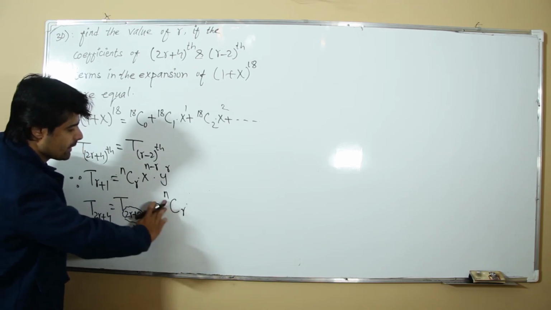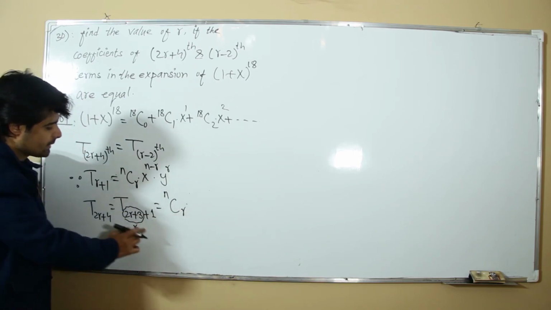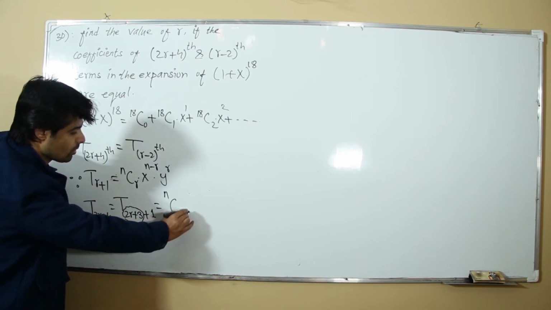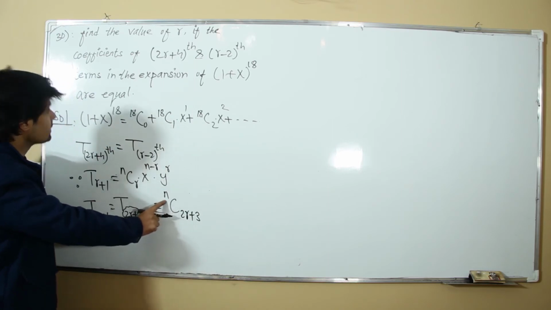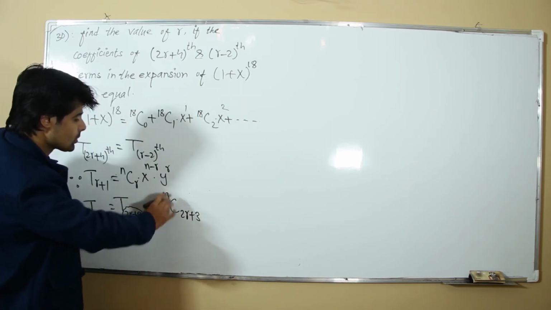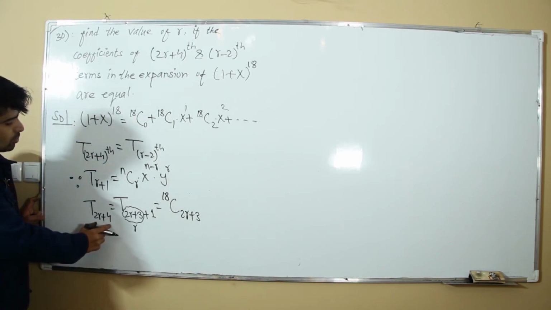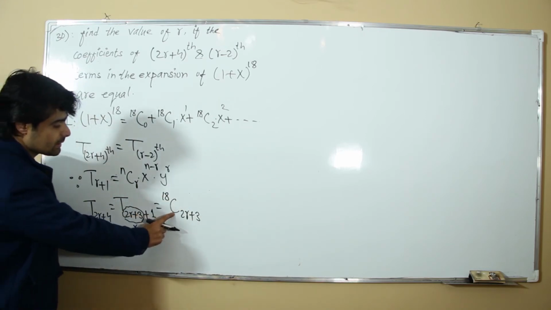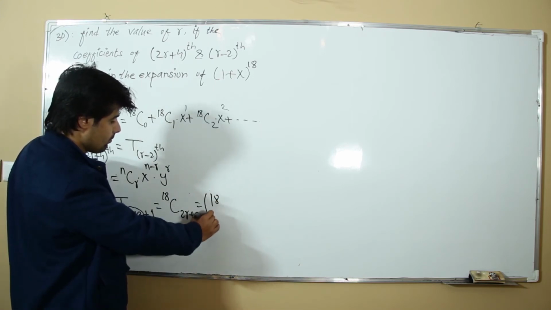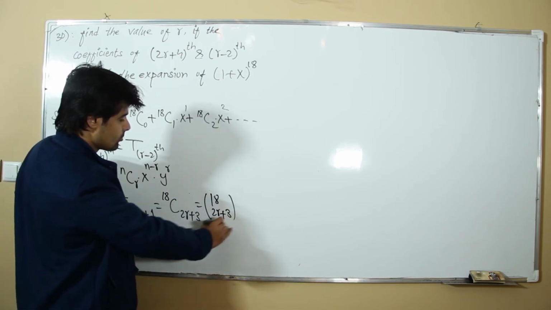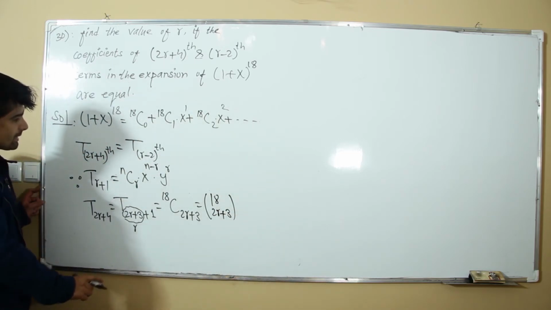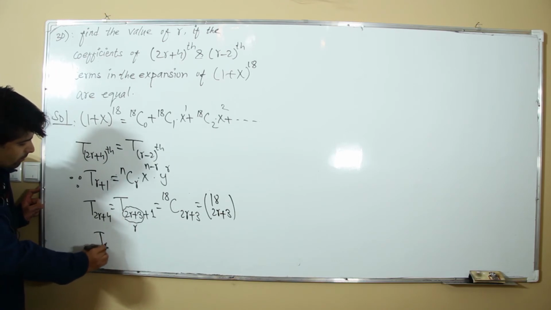The coefficient is nCr, but r is 2r plus 3, so it is 2r plus 3. N is 18. So the coefficient for 2r plus 4 is 18c 2r plus 3. Have you got?